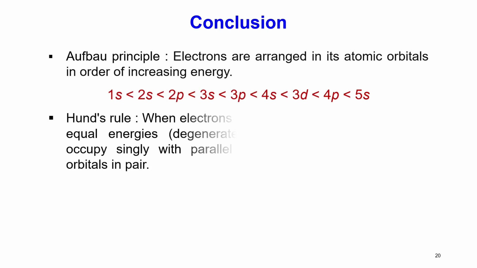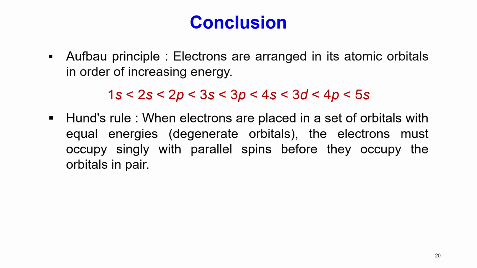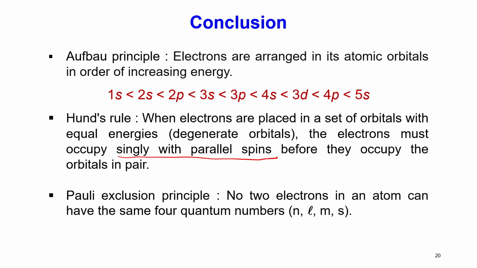Okay, so untuk arrangementnya, so Hund's rule, kita akan isi electron singly first in degenerate orbital. So mesti singly with parallel spin. Okay, before kita pairkan dia. Okay, and Pauli exclusion principle, maximum 2 electron in orbital and must be in opposite direction.